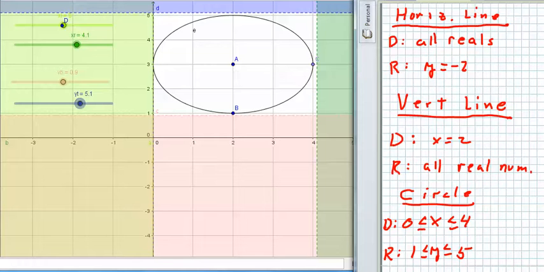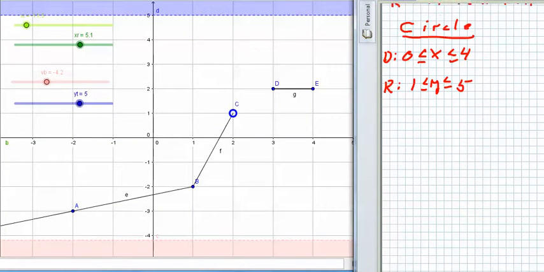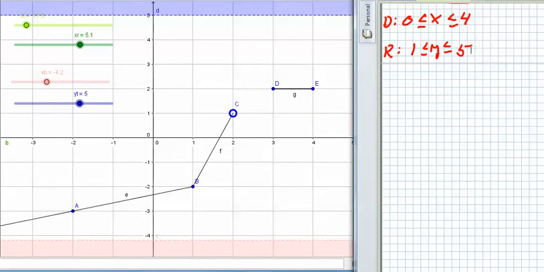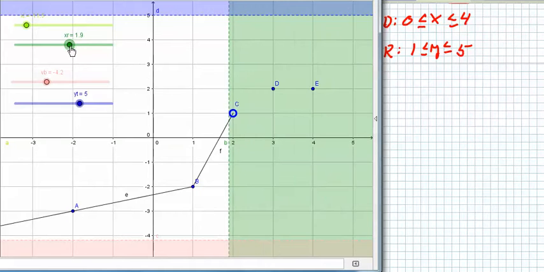Let's look at a different one. Okay, our last example here. No, we'll do one more after this. This example, I'm going to look first of all from point C through B and A. I can see that my x values are all less than 2 here.